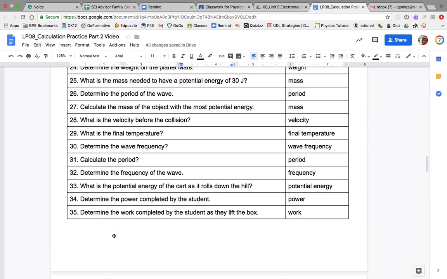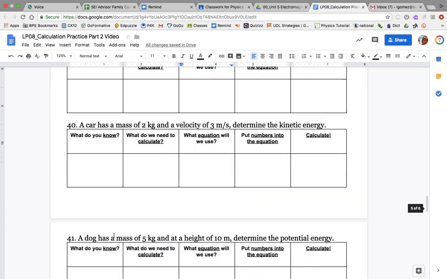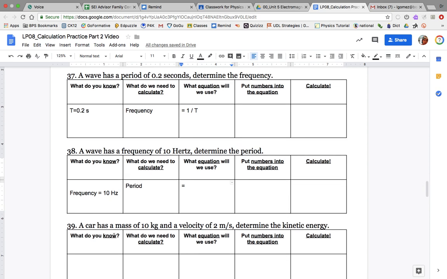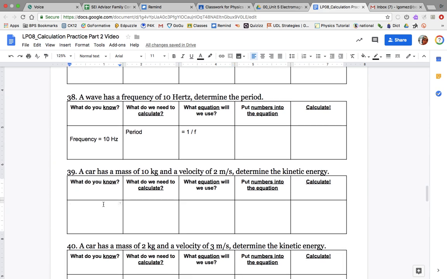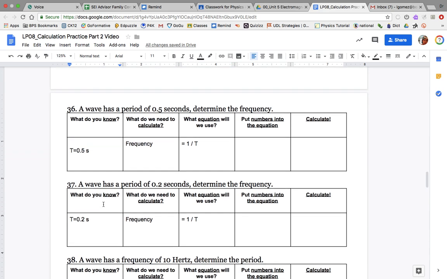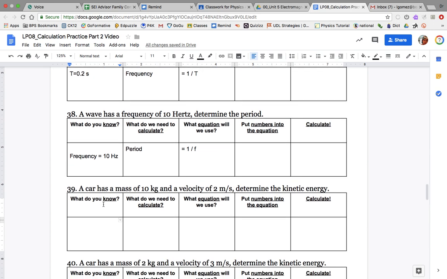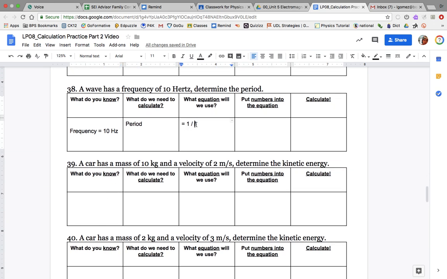F is frequency. So you can just put the numbers in there. Okay, 36, 37, 38. So here you just put 10 here, and then you do 1 divided by 10.